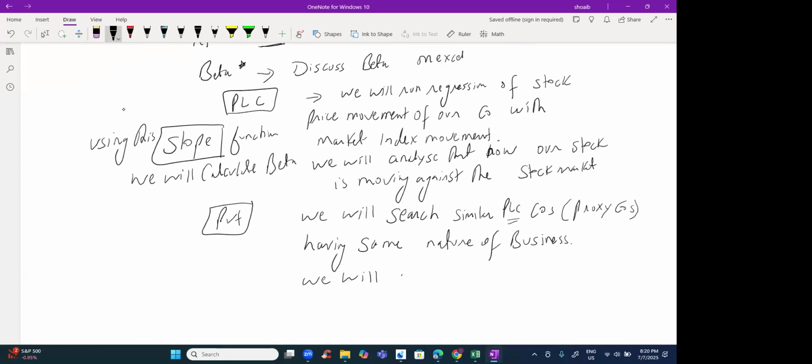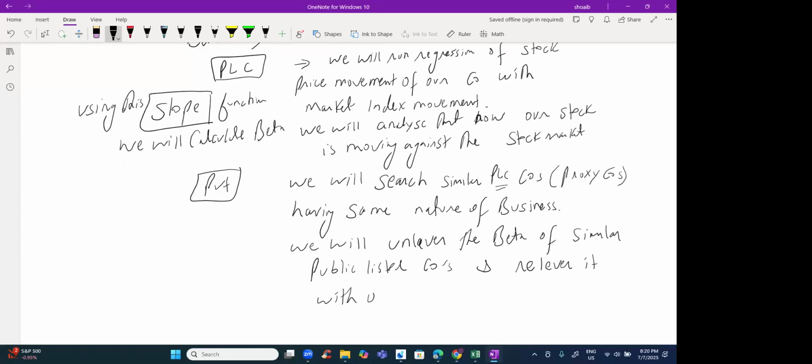We will ungear or unlever, ungear, the most practical word is unlever, the beta of similar public listed companies and relever it with our company's debt equity ratio.